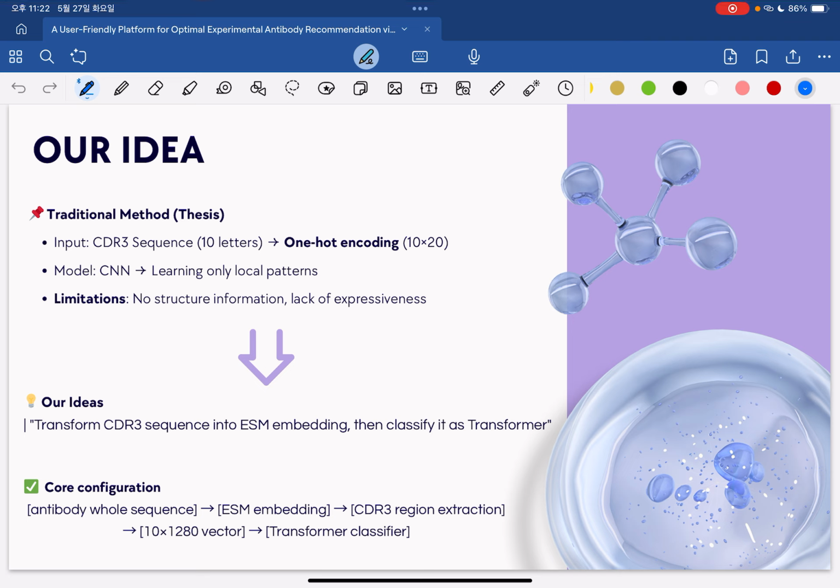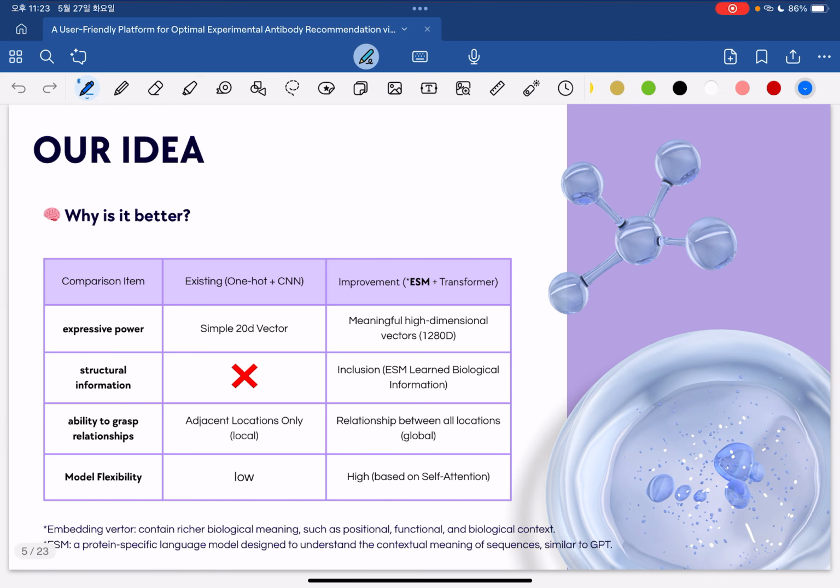Additionally, CNNs learn local patterns between adjacent positions, which limits their ability to capture complex interactions across the entire sequence. To address this limitation, I proposed using 1280-dimensional embedding vectors from ESM instead of one-hot encoding and applying them to a transformer model.